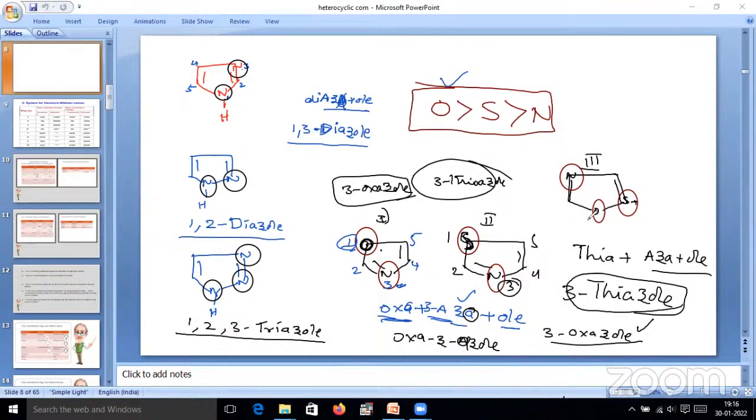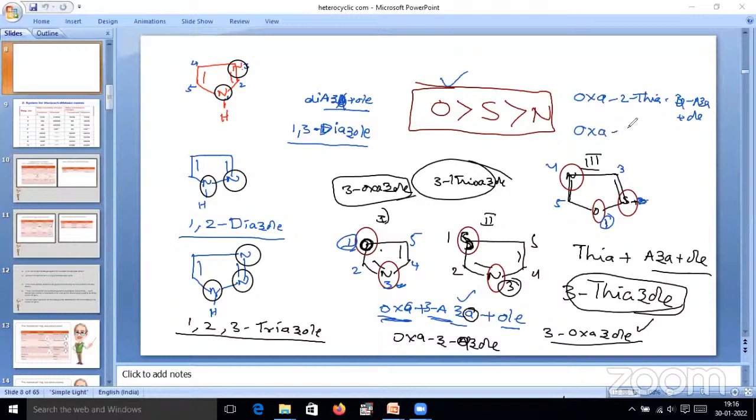3-thiazole is the IUPAC nomenclature. For this, first give the numbering. The first priority is given to oxygen, that is 1. Okay, this is 2, 3, 4, and 5. So oxa, 2 thia, 4 aza plus ole.